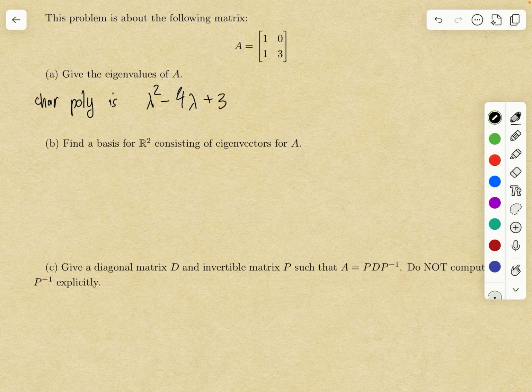The determinant is 1 times 3 minus 1 times 0, which is 3. So this factors as lambda minus 1 times lambda minus 3, and when you set this equal to 0, which is what you do to find the eigenvalues, right, they're the roots of the characteristic polynomial, you get 1 and 3.